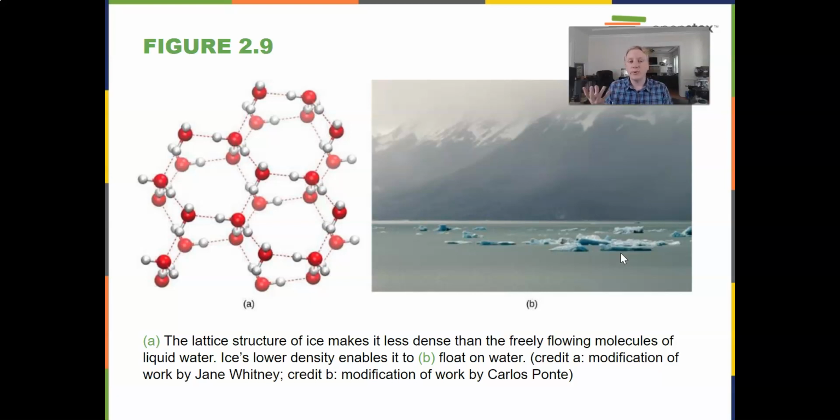The reason that's so important, by the way, is because if ice were to just fall down, think about what would happen in the coldest parts of the ocean. Ice would form, freeze, and then fall underneath. And the next layer of ice on the surface would freeze and fall underneath. And the next layer would freeze and then fall underneath.